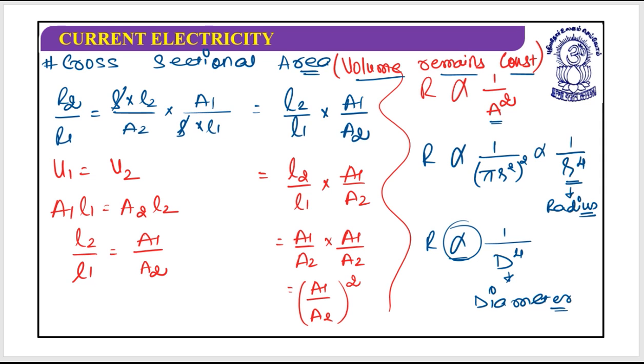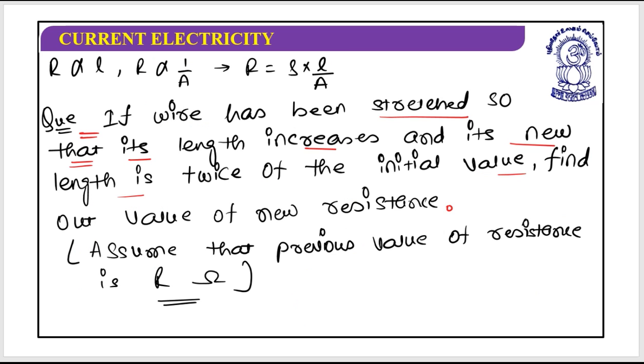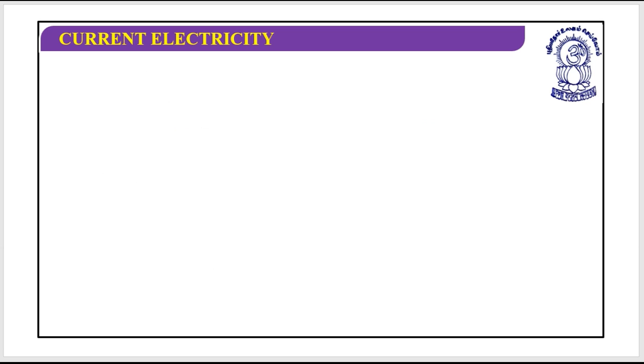Now let's get back to the question, because we were supposed to do this and we have derived these relations. Again read this: if a wire has been stretched so that its length increases and its new length is twice the initial value, find out the new value of the resistance. What I know is R2, for the new length, divided by R1 is equal to L2 by L1 whole square, because here volume remains constant.